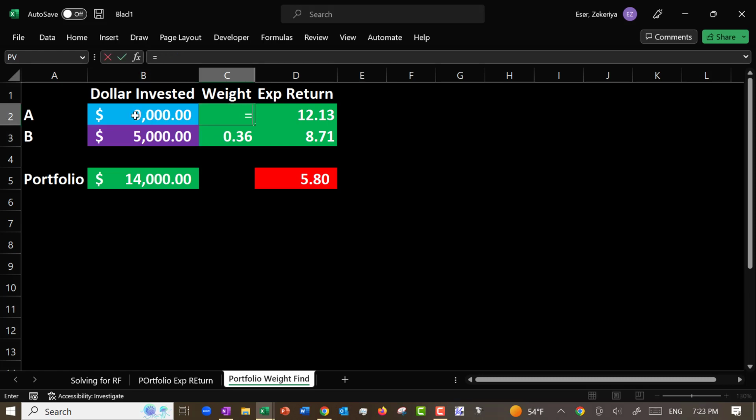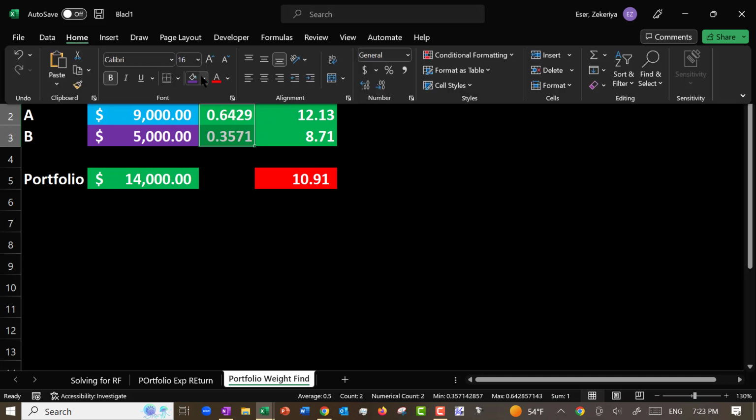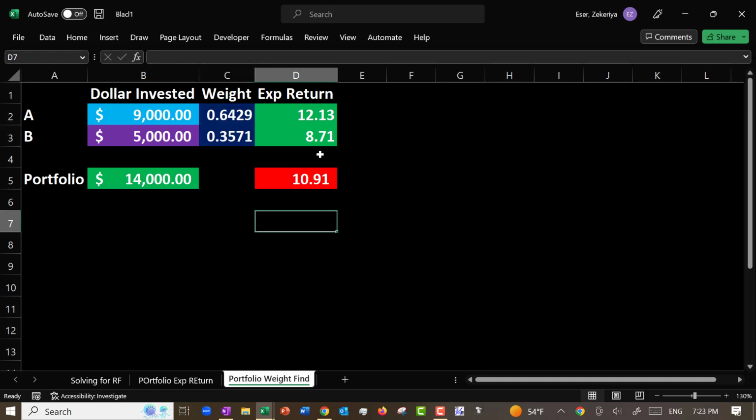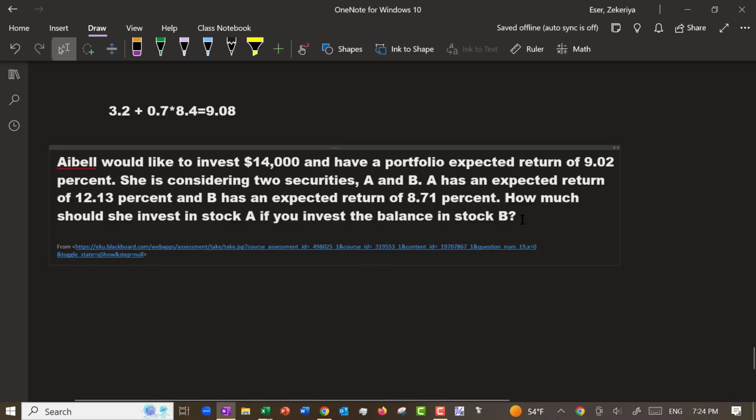Once I know those, I can calculate the weights. I'm going to make them blue. These are inputs, and that's the portfolio return, right?